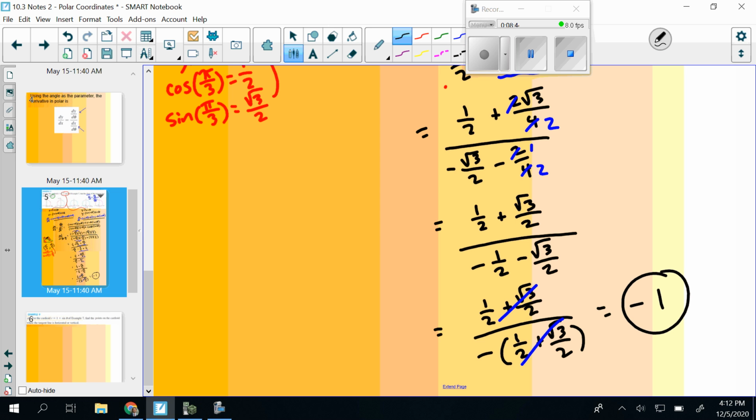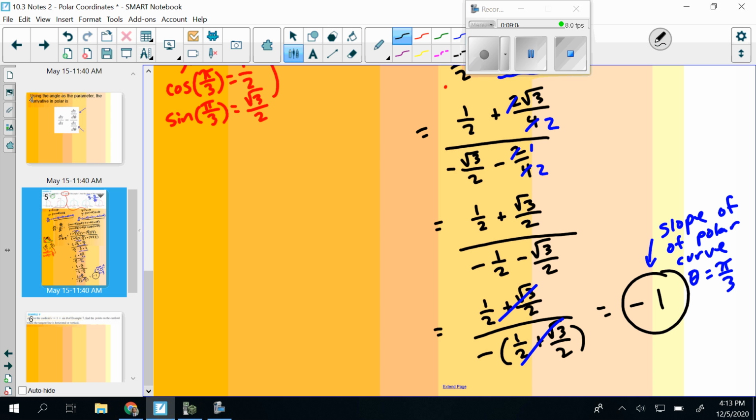So that's our slope of the polar curve when the angle is pi over 3.